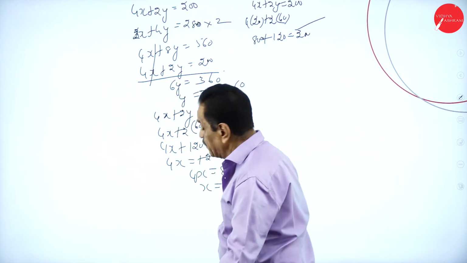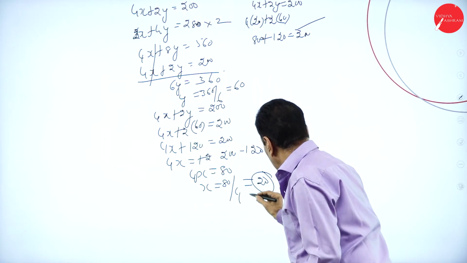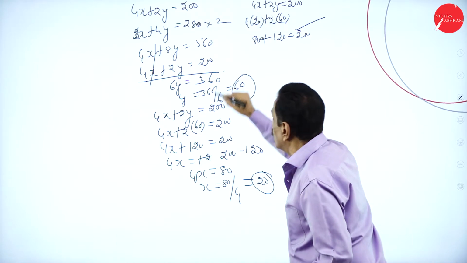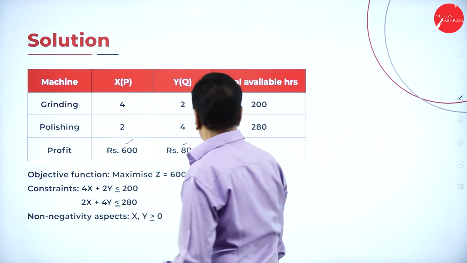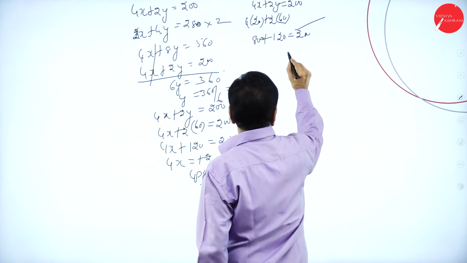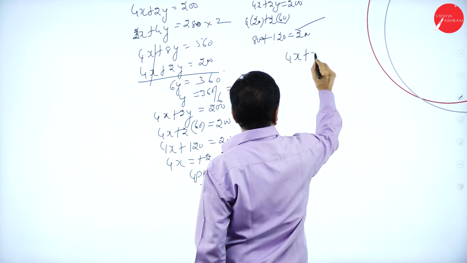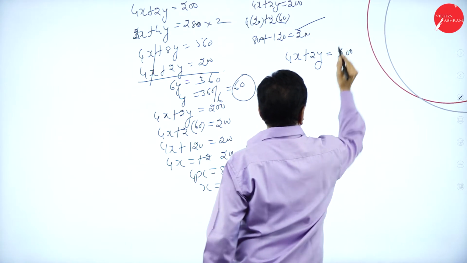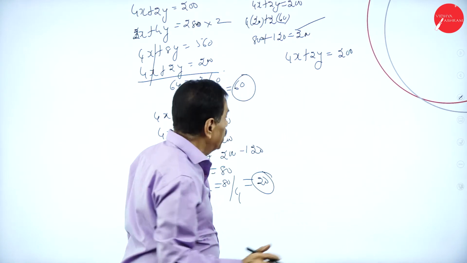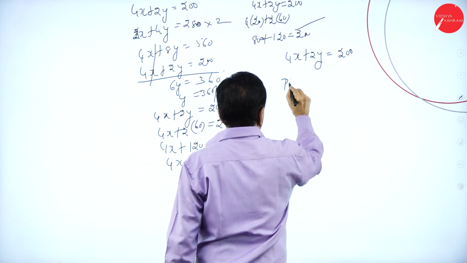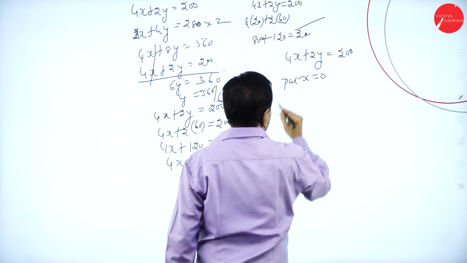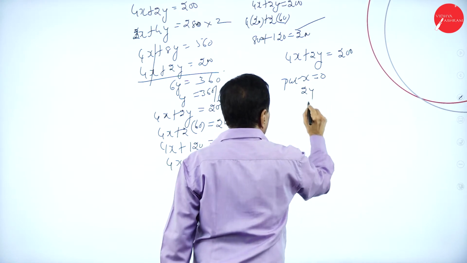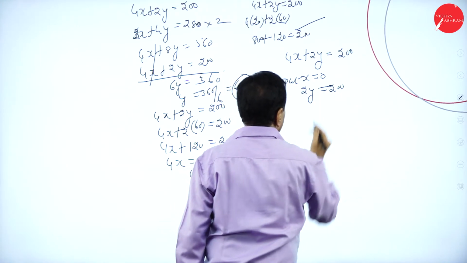What is the first equation? I think you understand. So x should be equal to 20, y should be equal to 60. You take the first equation, 4x plus 2y is equal to 200. Put x is equal to 0. 2y is equal to 200.